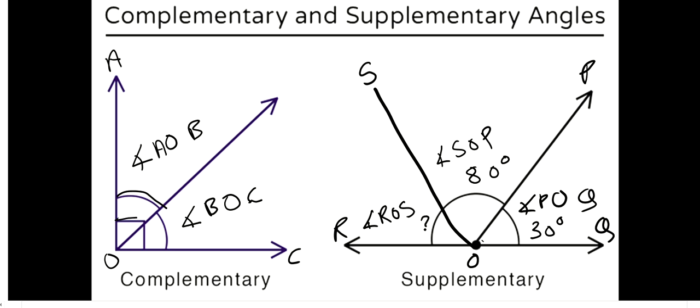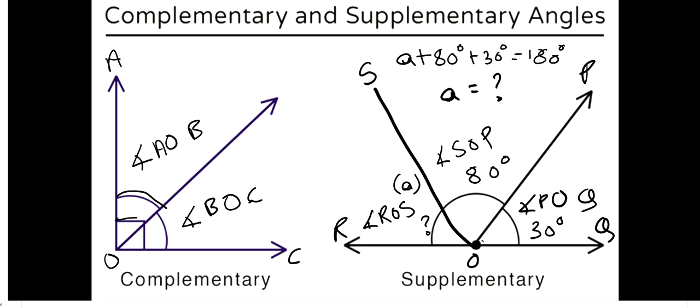What is the value of this one if you are asked? Suppose this one is A, and you can write A plus 80 degrees plus 30 degrees equals 180 degrees, and then the rest you can follow the rules of algebra and find the value of A. Comment in the comment box what is the value of A. The person giving the right answer, I'll give a love react to.